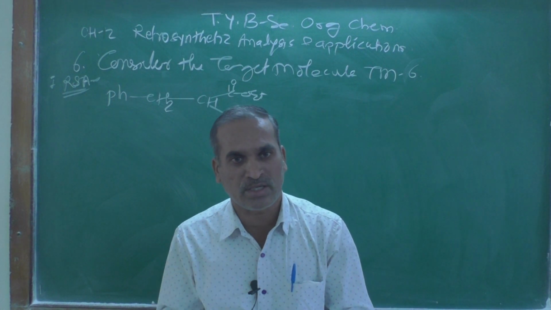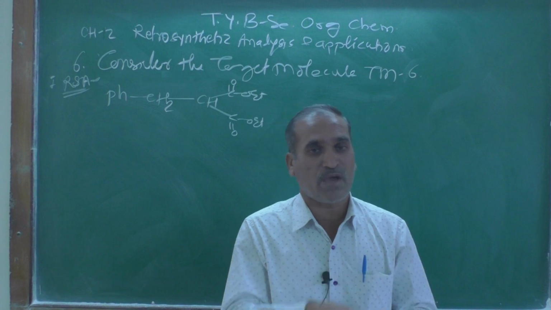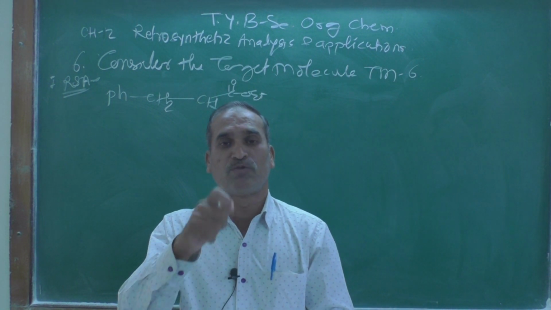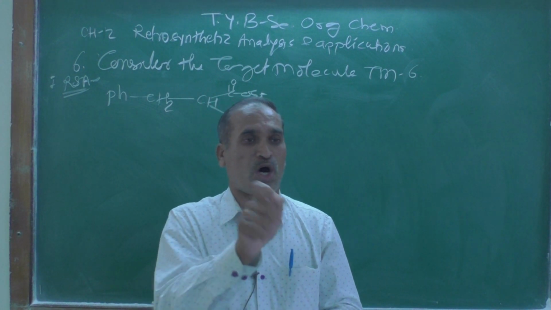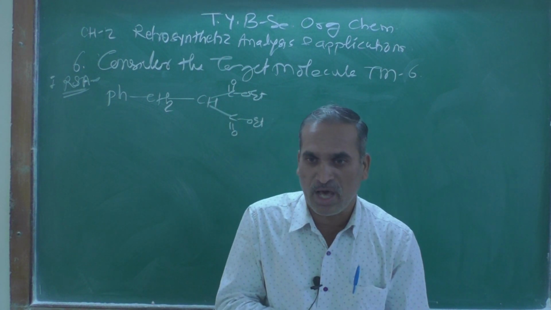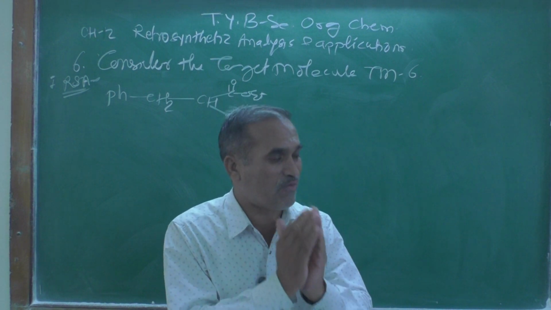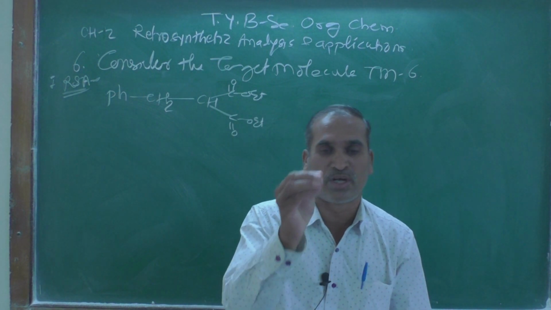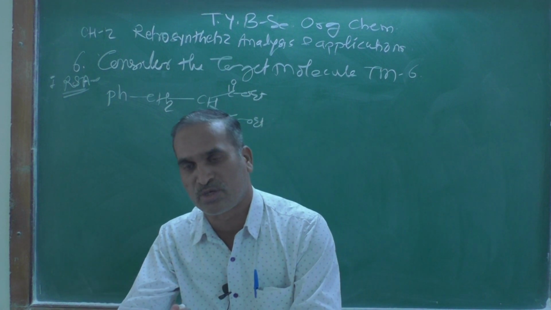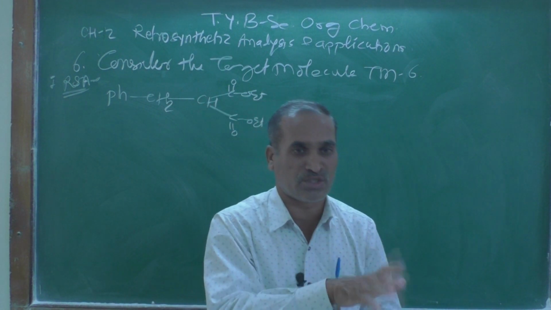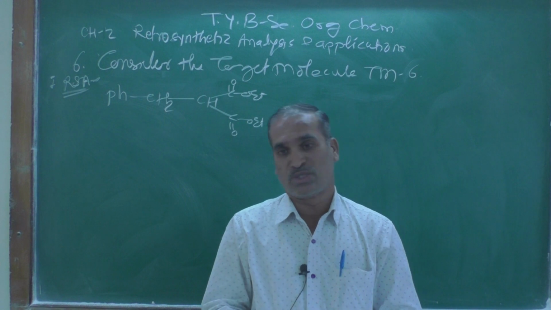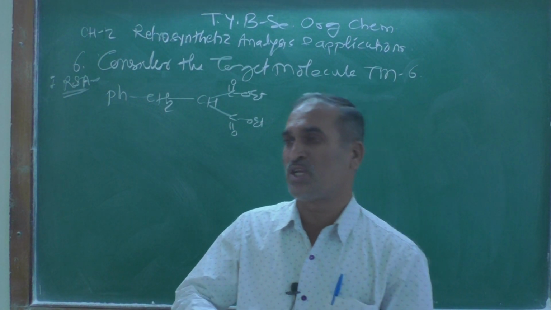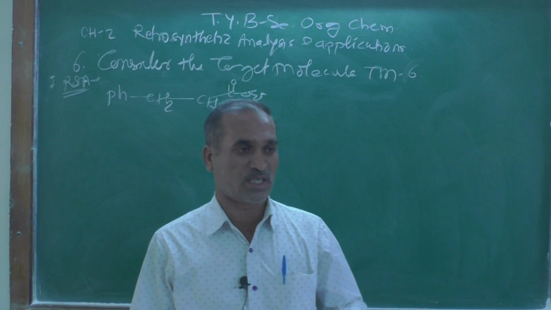And FGI, functional group interconversion, which we usually write on the disconnection arrow, means that one functional group is converted into another functional group so that disconnection becomes possible. Both these terms are frequently used in retrosynthetic analysis.